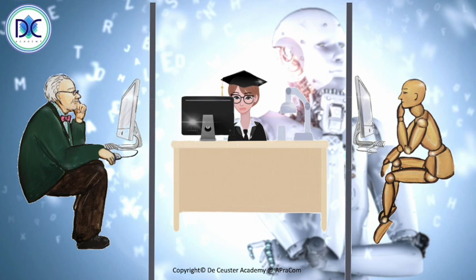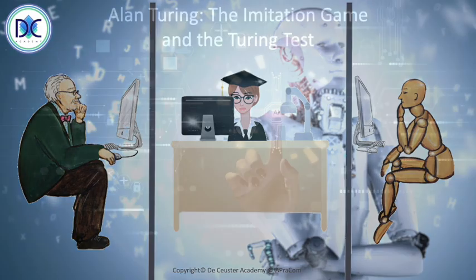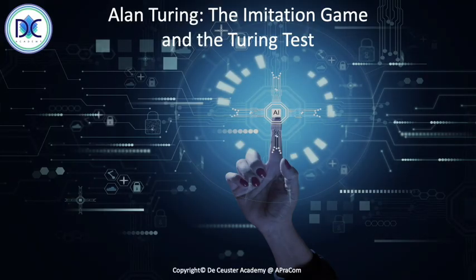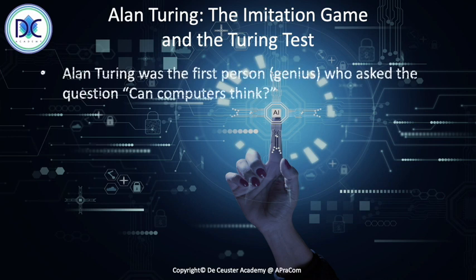So that was it. Basically, we looked at the summary of Alan Turing, the Imitation game, and the Turing test. Alan Turing was the first person who asked the question, can computers think? We can be sure that Alan Turing was what we call a genius, given the ideas he brought and the things he created for artificial intelligence and machines.